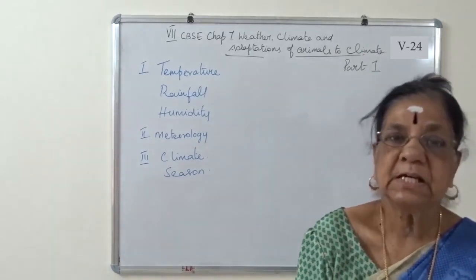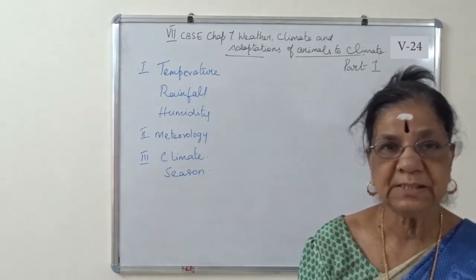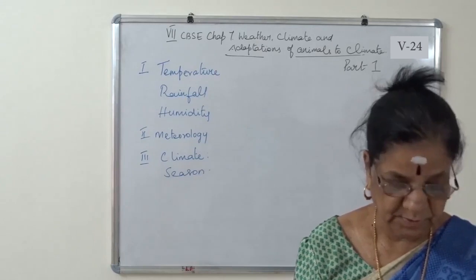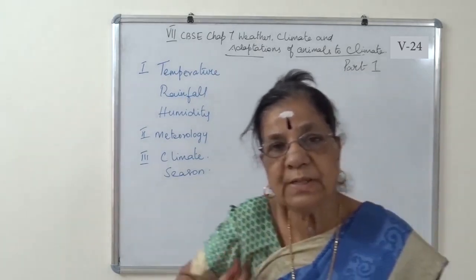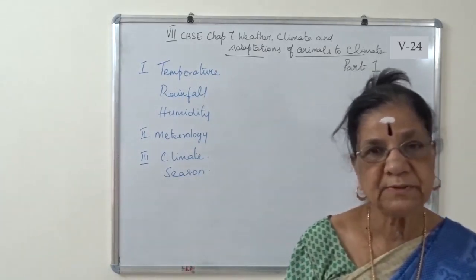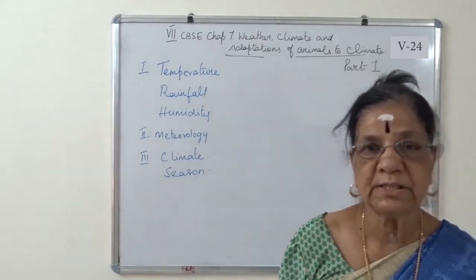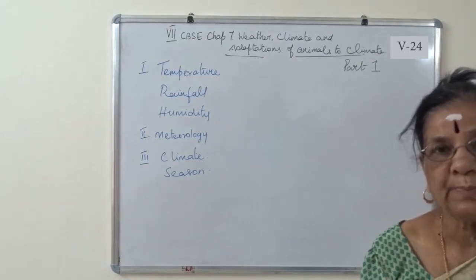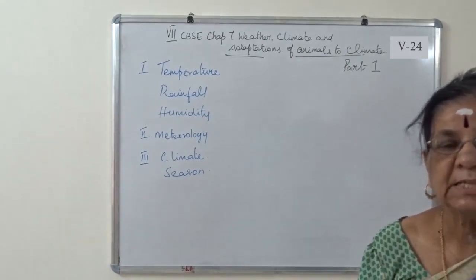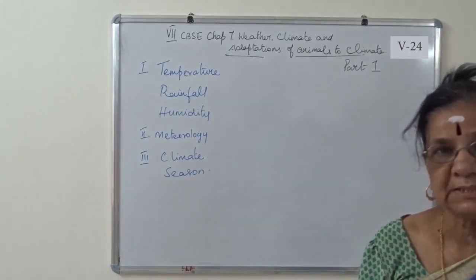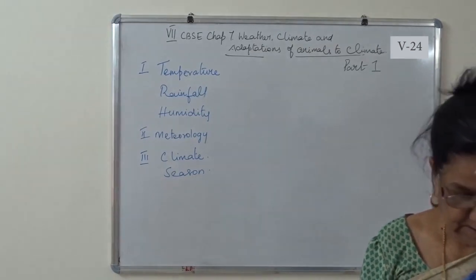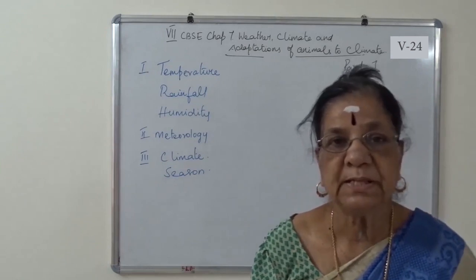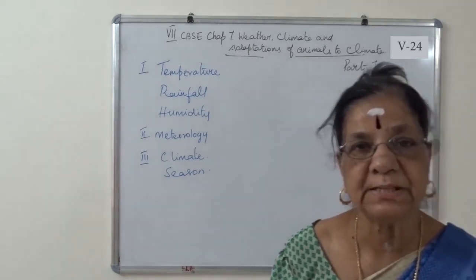Rajasthan is a hot climate because of the desert. And for example, in Mumbai and Tamil Nadu, we find a warm and humid climate. So it is warm and humid. That is climatic conditions. But a season is a period of time in a year marked by distinct weather pattern.